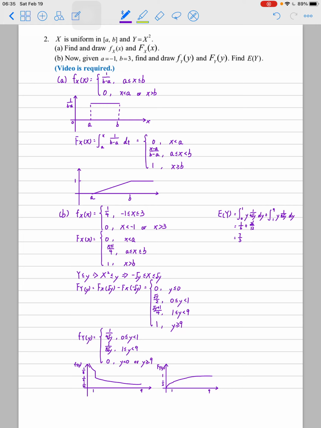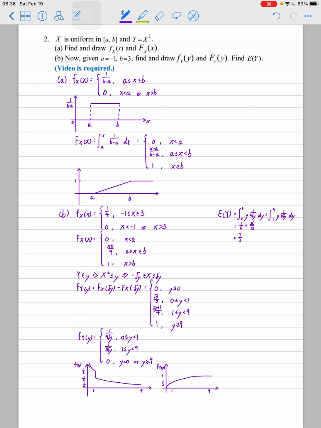And f_Y(y) should be 1 over 4 square root y when y ranges from 0 to 1, and when y ranges from 1 to 9, the formula should be 1 over 8 square root y, and otherwise the formula should be 0.